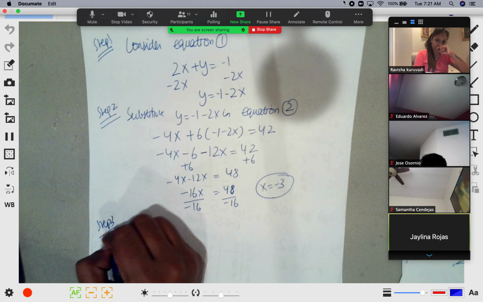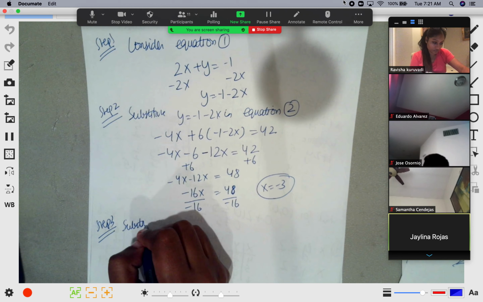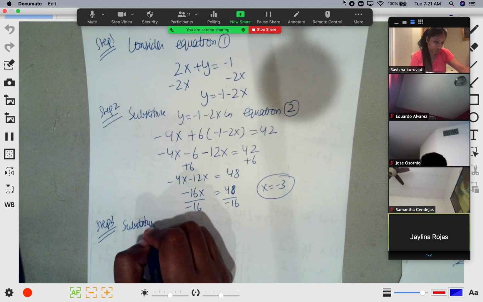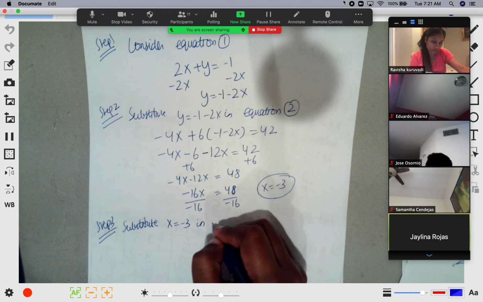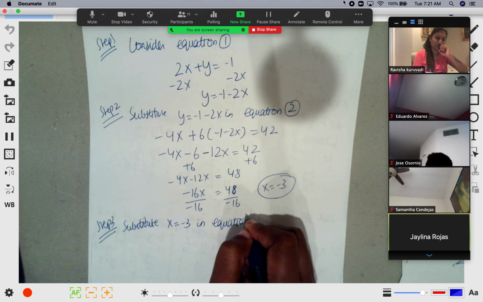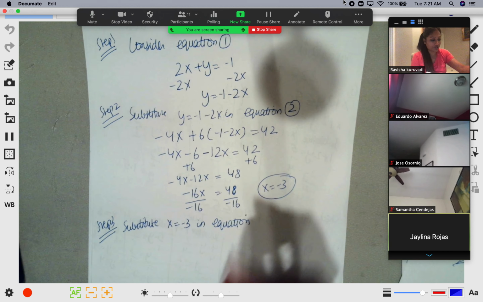Step 3 is to plug in the x into one of the other equations. So which one do you want to substitute, first or second? I'm going to do the first one again. Perfect. It just looks easier.